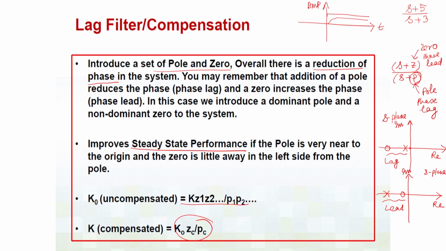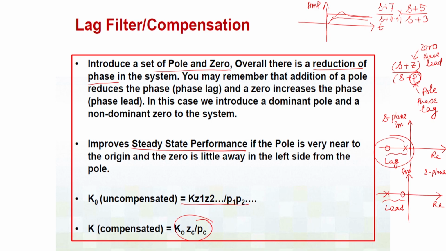On the other hand, if you now integrate the lag combination, something like s plus 7 over s plus 0.01, where the pole is far closer to the origin, then if you look at the response of the system, you would see that it is almost going to follow the command.